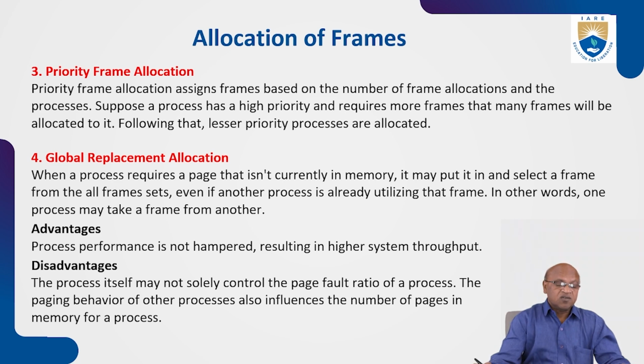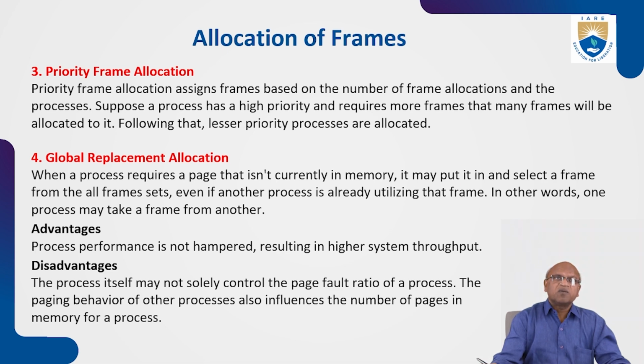So you see, what is global replacement allocation? In global replacement allocation, when a process requires a page that's not currently in the main memory, it may select a frame from the set of all frames, even if the frame is already being used by another process. In other words, one process may take a frame from another. So this is called global allocation.